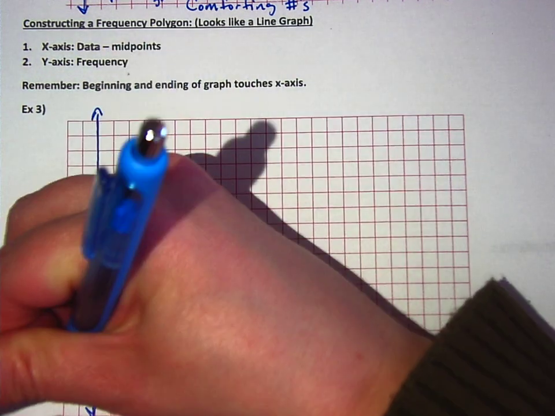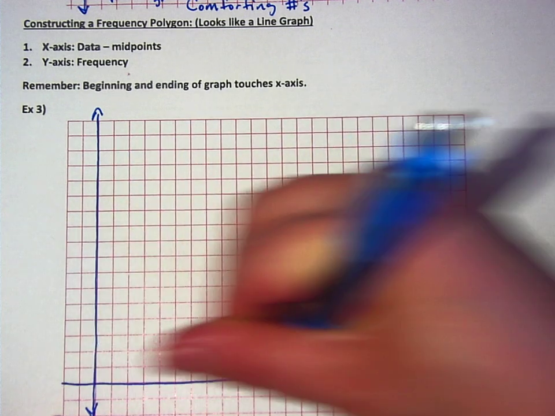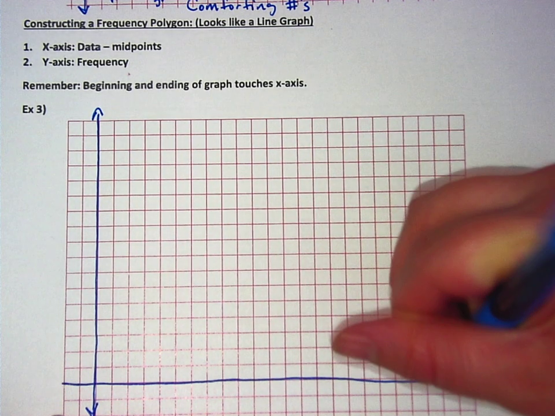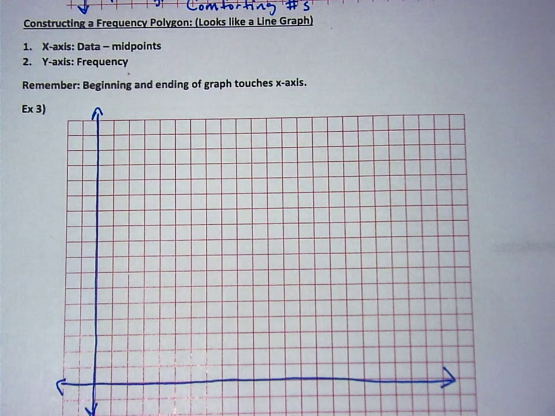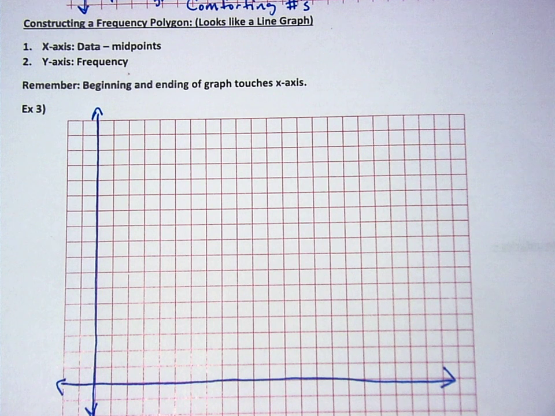So this is going to be a line graph that will start on the x-axis and end on the x-axis and come back like a shape. Data this time will be midpoints on the x-axis and the y-axis will be frequency. The beginning and the ending of the graph touches the x-axis.